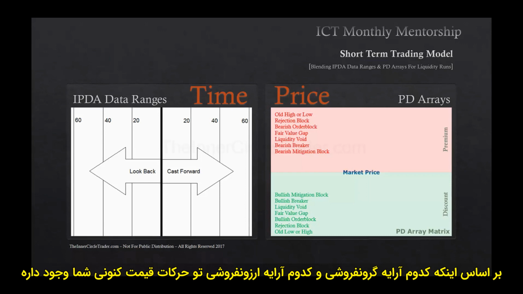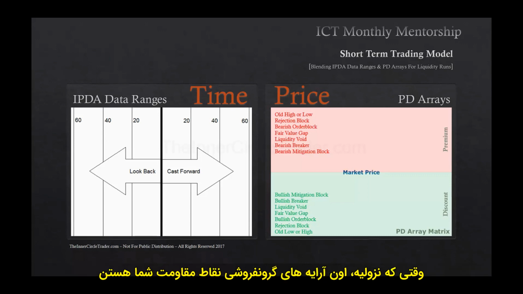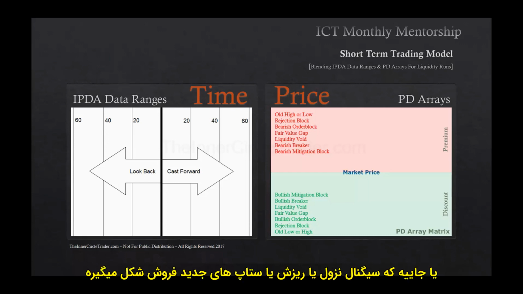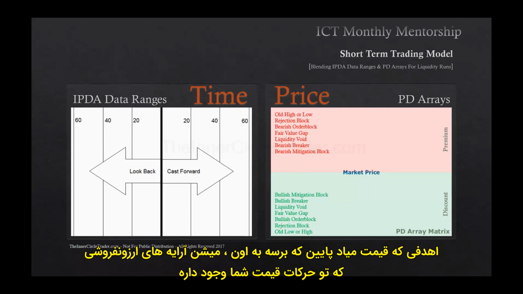Based on whatever premium PD array, discount PD array, exists in your current market action, when it's bearish, those premium PD arrays will be your resistance points, or where sell signals or sell-offs will occur, or new sell setups. The objective for price to reach down into will be the discount PD arrays that exist in your price action.